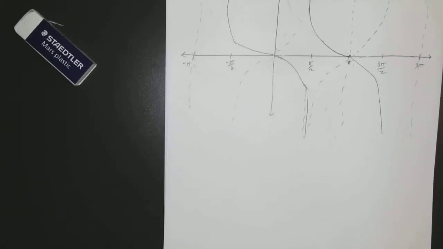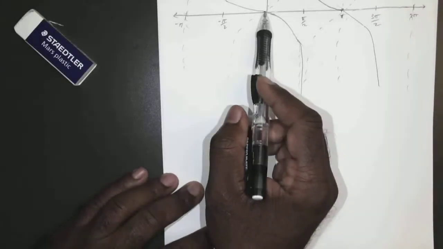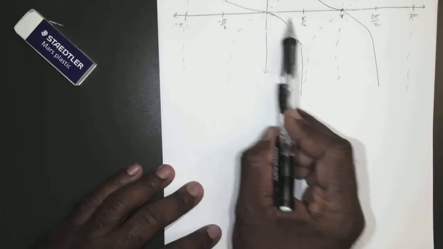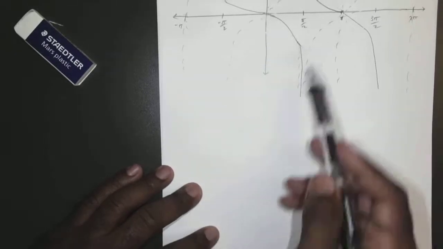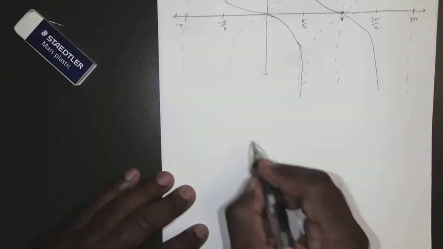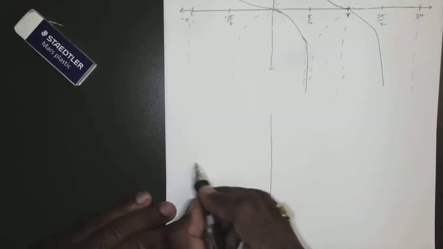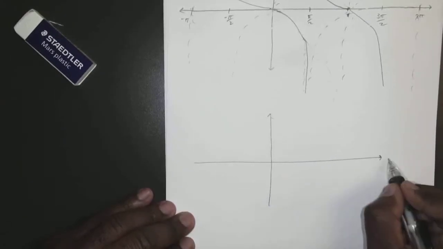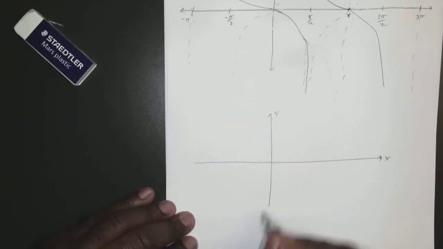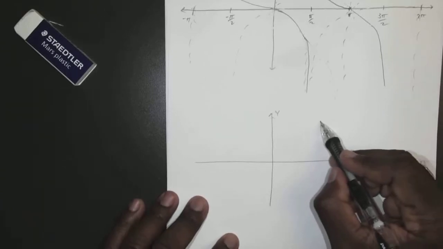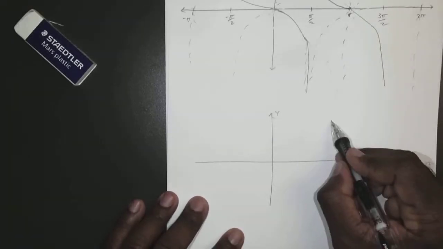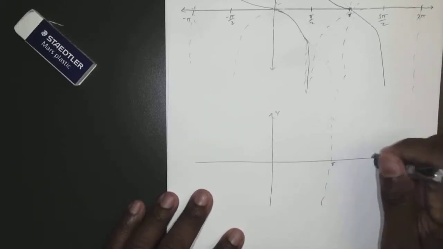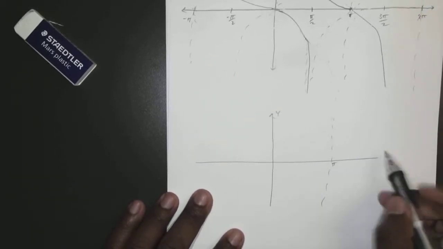Okay, so what we have here are values where we know from 0 to pi over 2 what the values are, and we know what the values are from here to here. So if we redraw it, we have our x, we have our y, and we have our 0, our pi, and 2 pi, those are our vertical asymptotes.